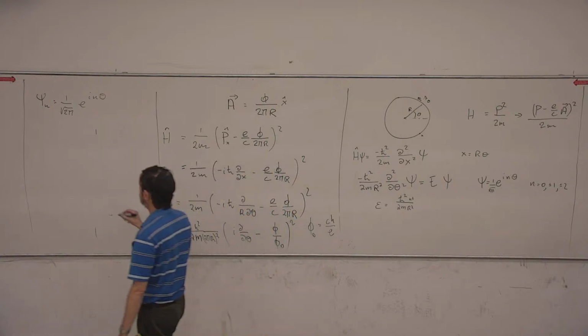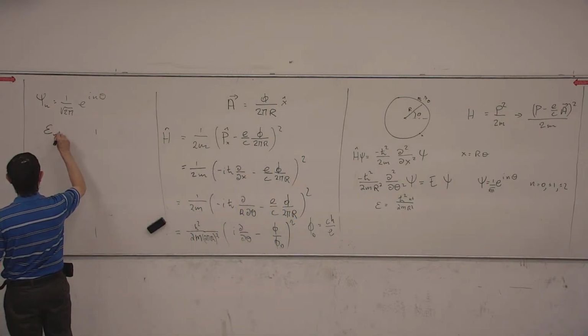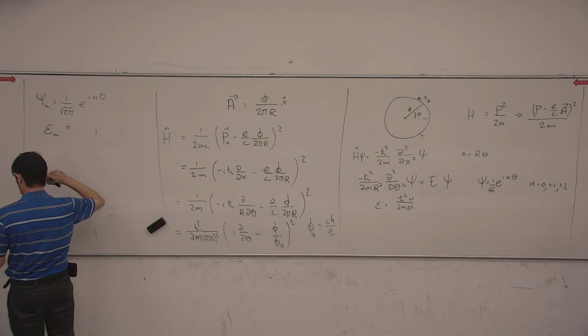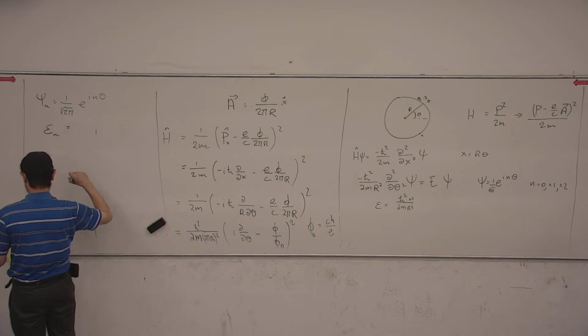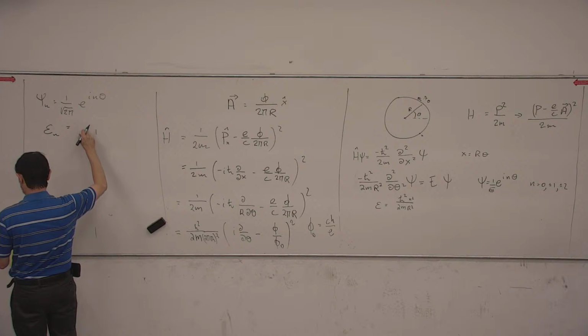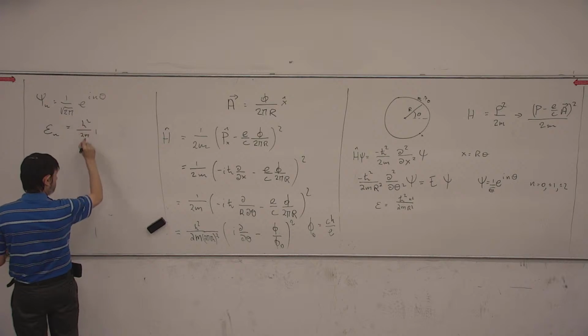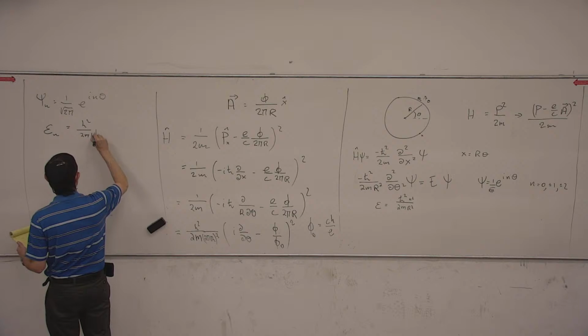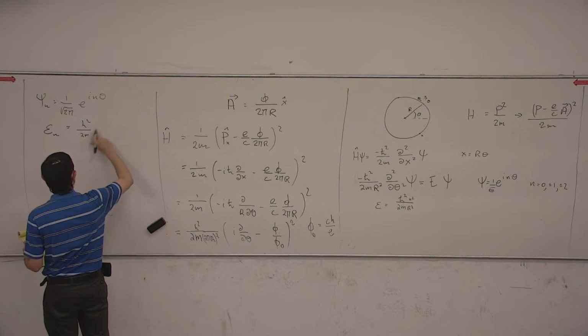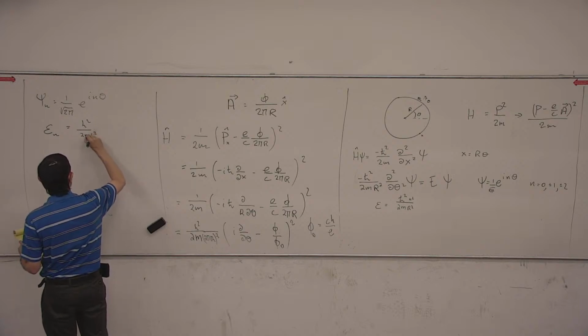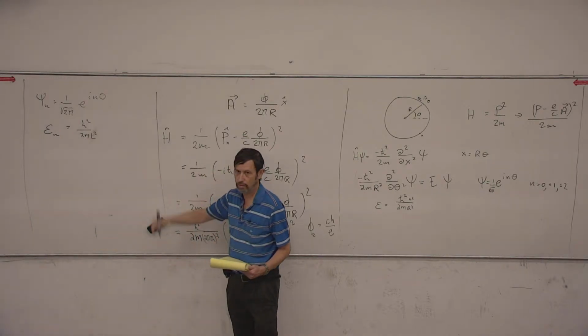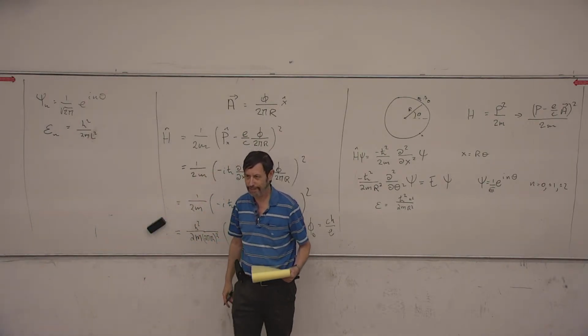The only thing that changes is that instead of writing two pi r, I'm just writing the circumference.